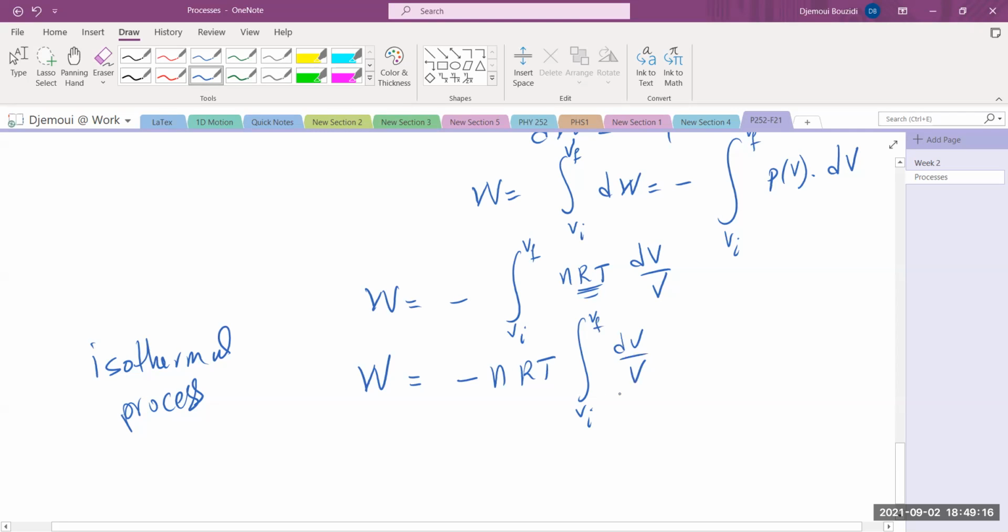Can anybody help me with what the integral of dx over x is? You guys remember from your calc classes?